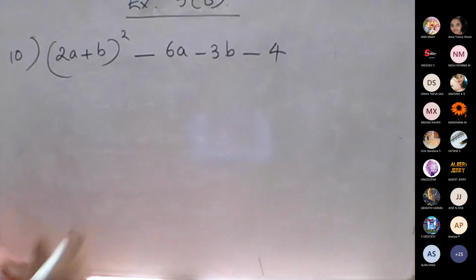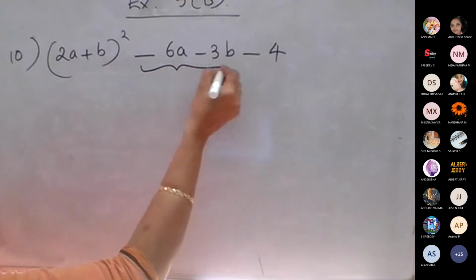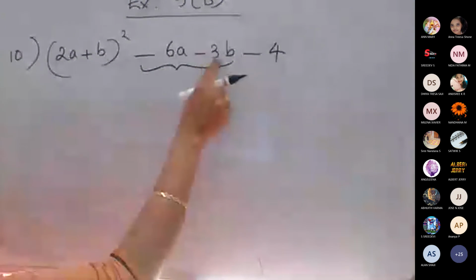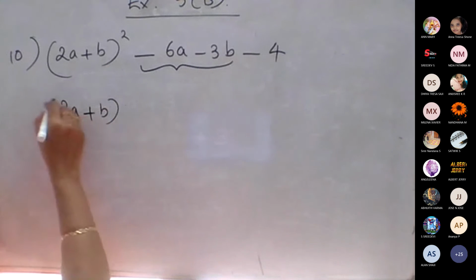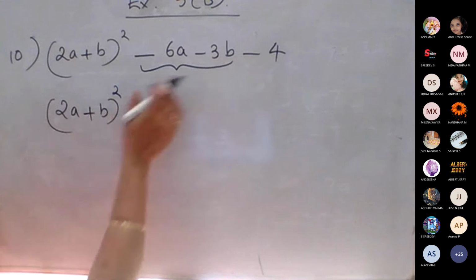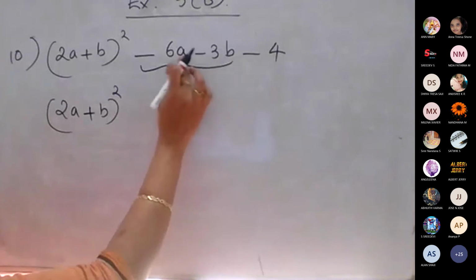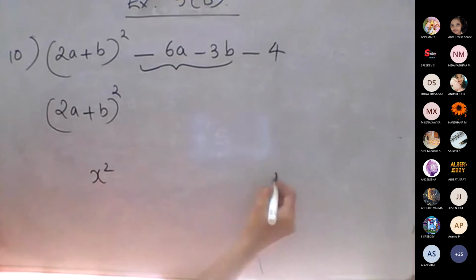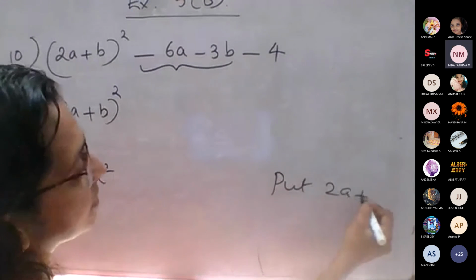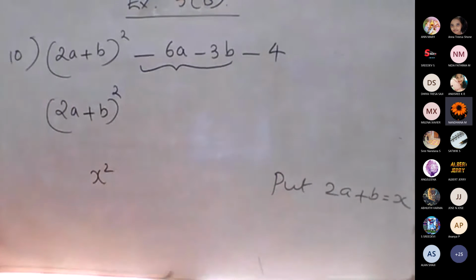If we take something common from negative 6a minus 3b, can we make it as the 2a plus b form? Then only we can write it that way. If we take 3 common, it's not working.